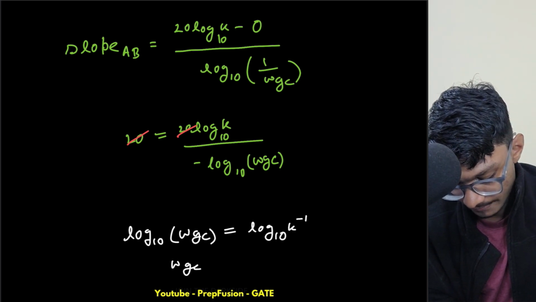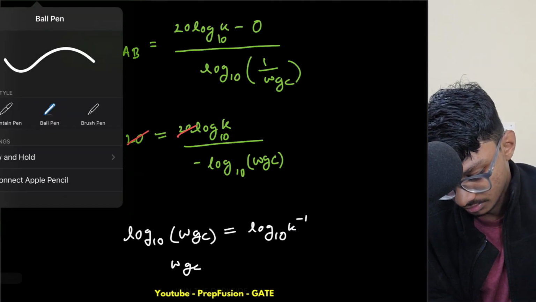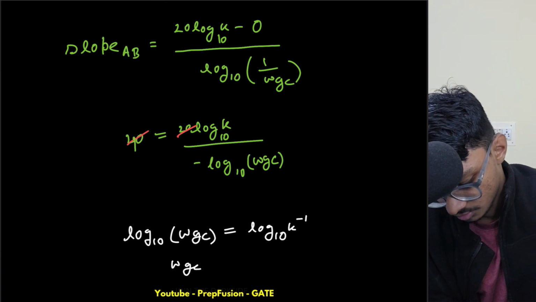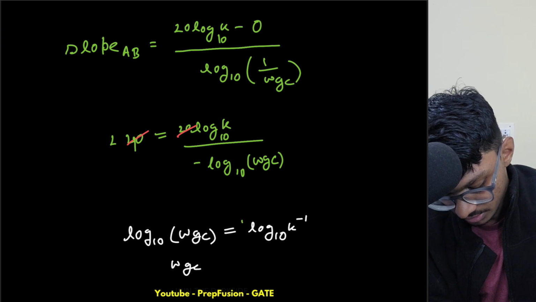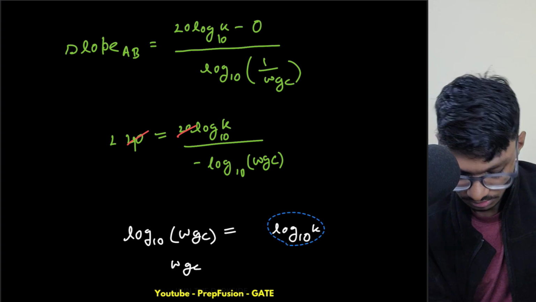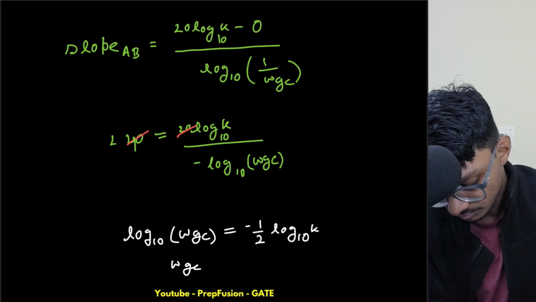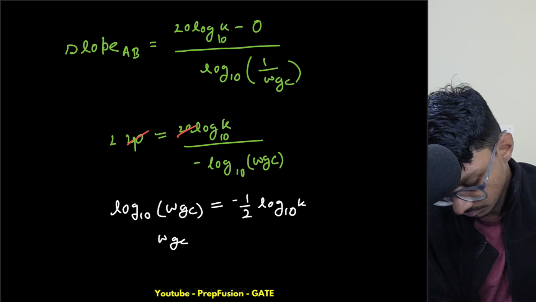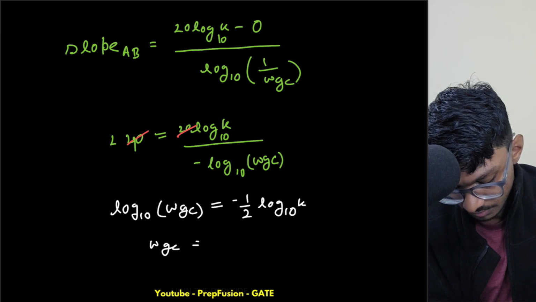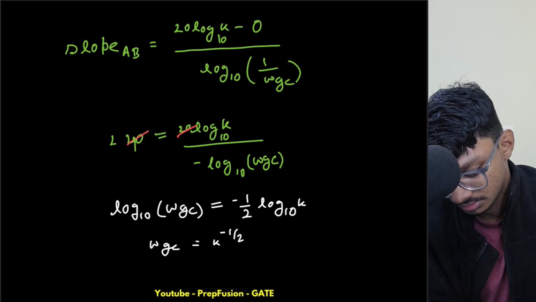Sorry, the slope is plus 40, which is why it becomes minus 1 by 2. So omega gc is simply k raised to power minus 1 by 2, because the power goes inside, right?